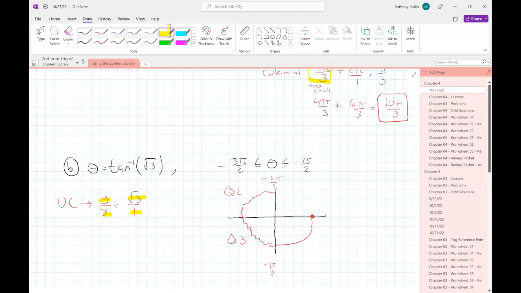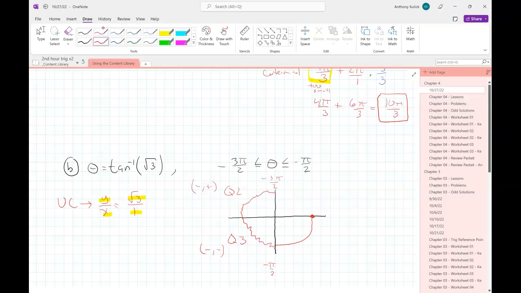Note that here, it's a little bit tricky. Notice that square root of 3 is positive, but in quadrant 2, the x's are negative and the y's are positive, so both of them couldn't be positive there. In quadrant 3, the x's are negative and the y's are negative, so there wouldn't be positive in both of those.